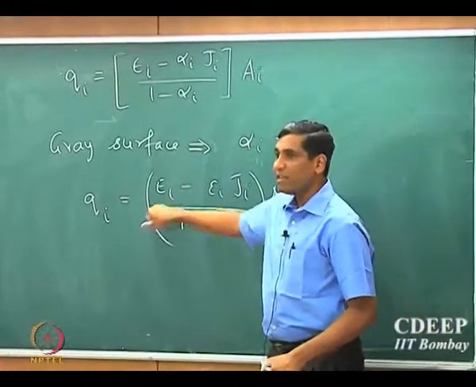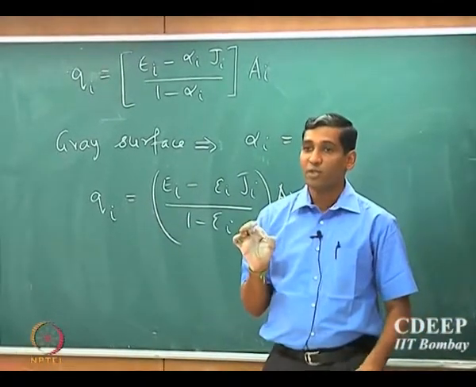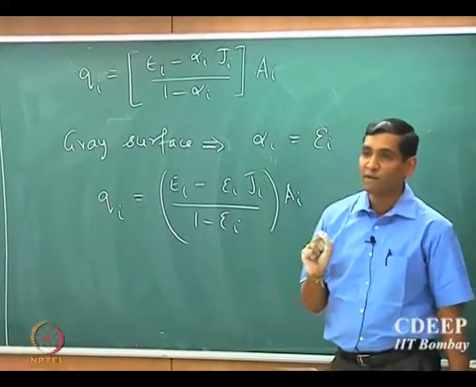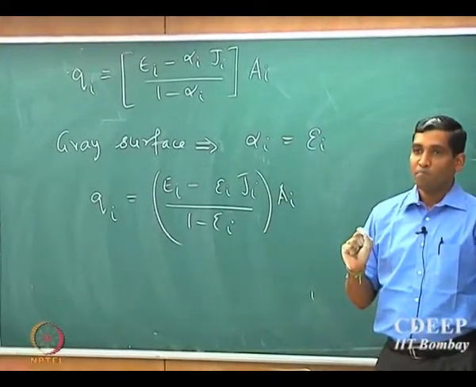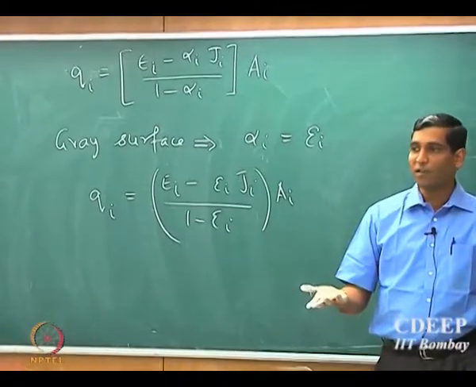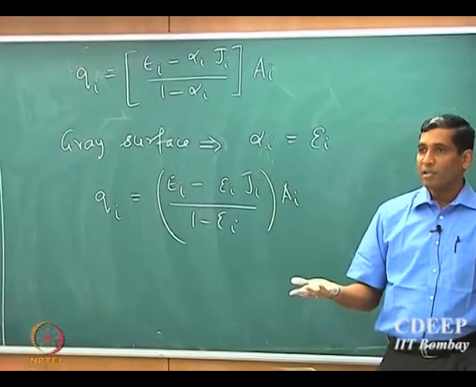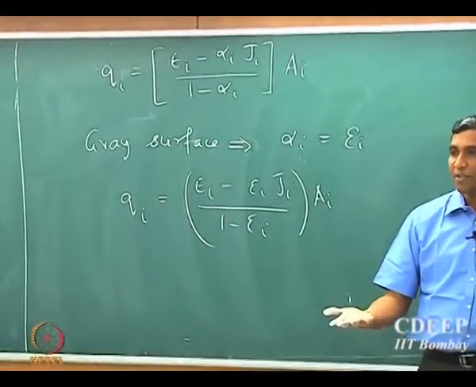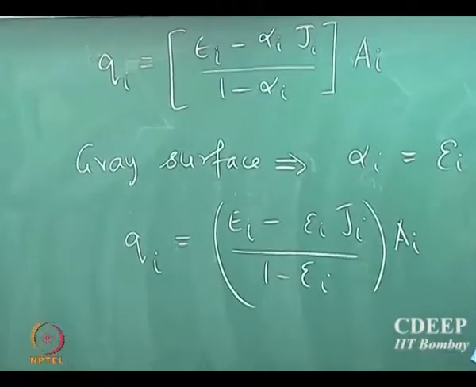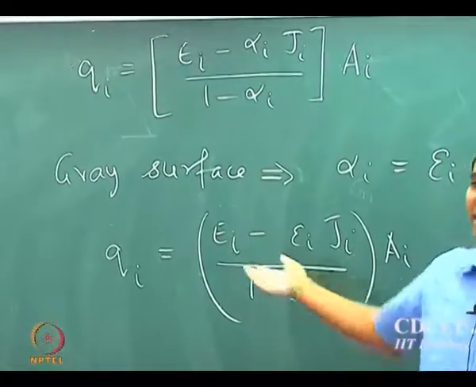So Ei is the net emission. This does not include the reflection, so it is the net emission from that surface, but we can express it in terms of the properties of the surface. We know that emissivity is an intrinsic property of that surface, and that multiplied by the corresponding black body radiation at that temperature will tell you the net emission.